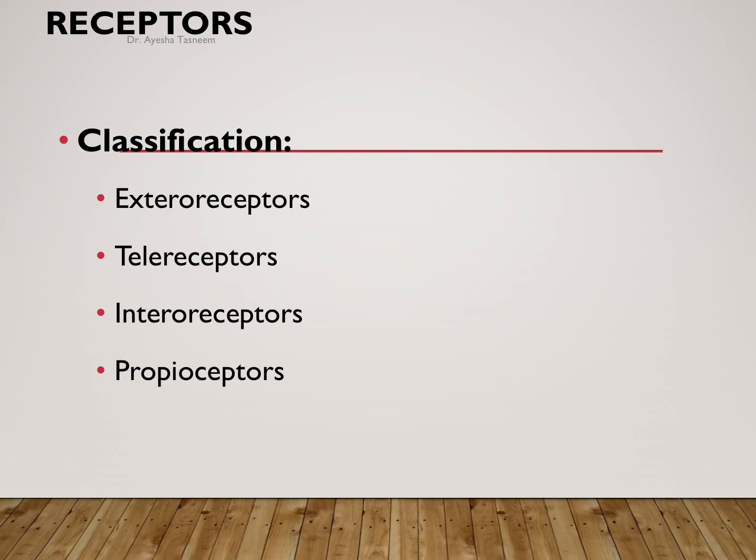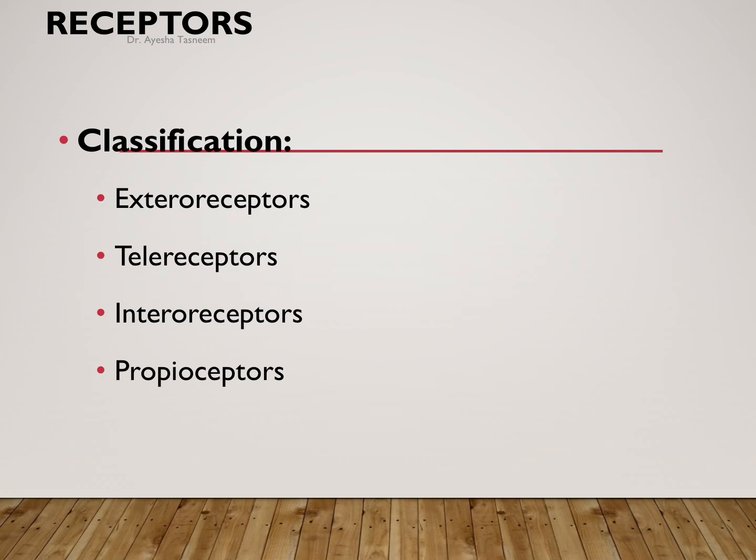The exterior receptors perceive information from stimuli that are outside the body, coming towards the body, and they are perceived by the skin. Those sensations are touch, light, pressure, pain, and temperature.